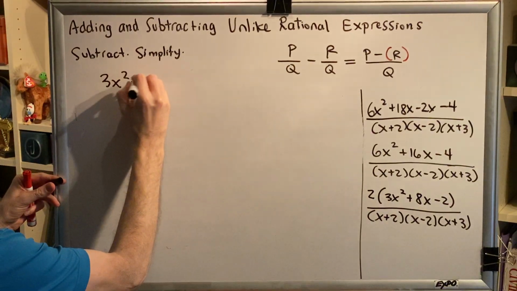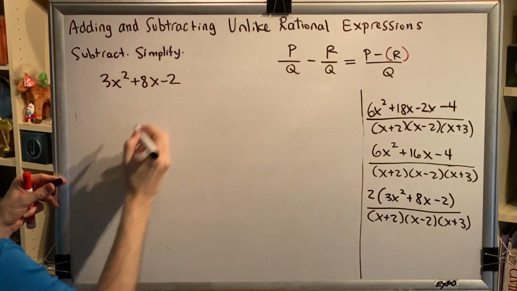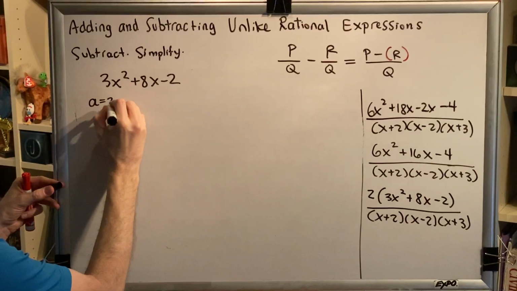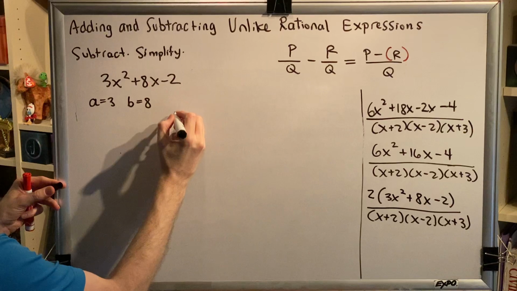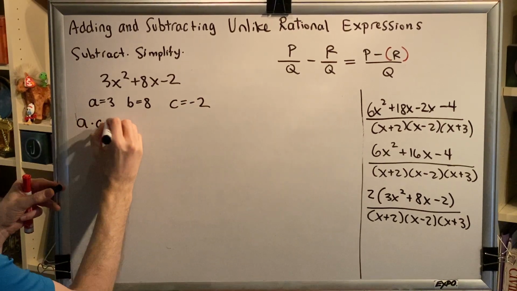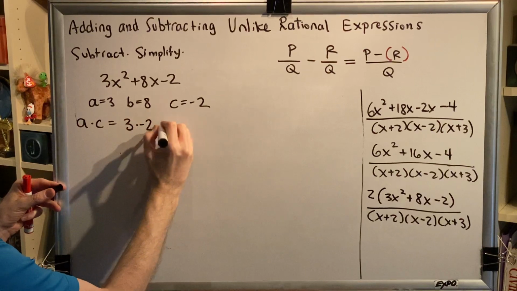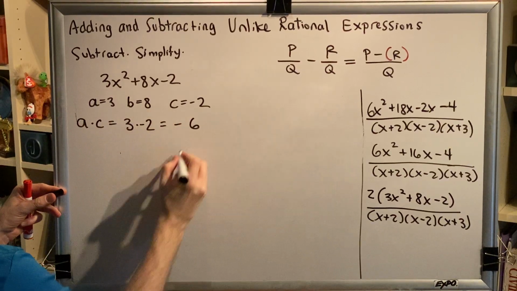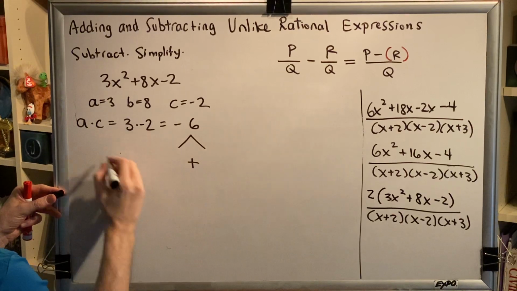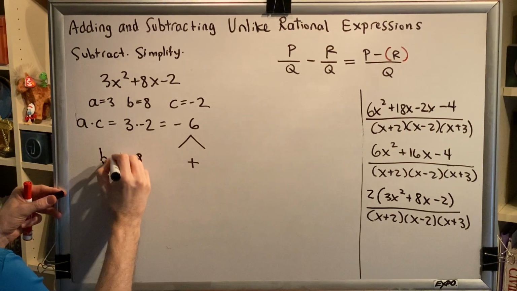So, 3x squared plus 8x minus 2. We're already in descending order. There is no GCF. A equals 3, B equals 8, C equals negative 2. A times C equals 3 times negative 2, which is negative 6. So we need two numbers that multiply to make negative 6, but add to make B, which is 8.